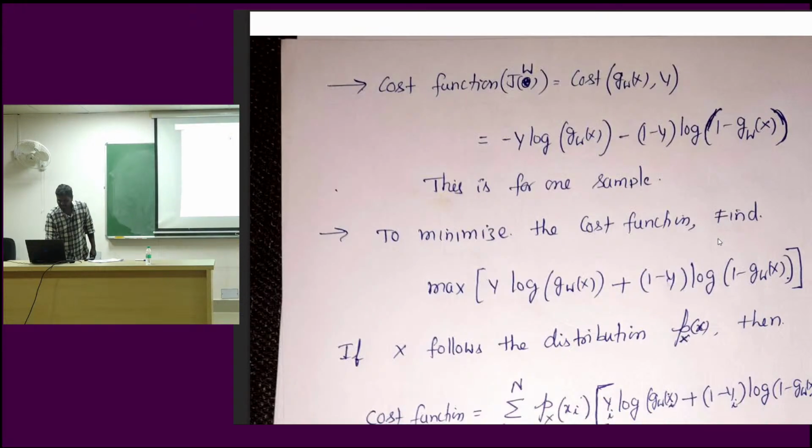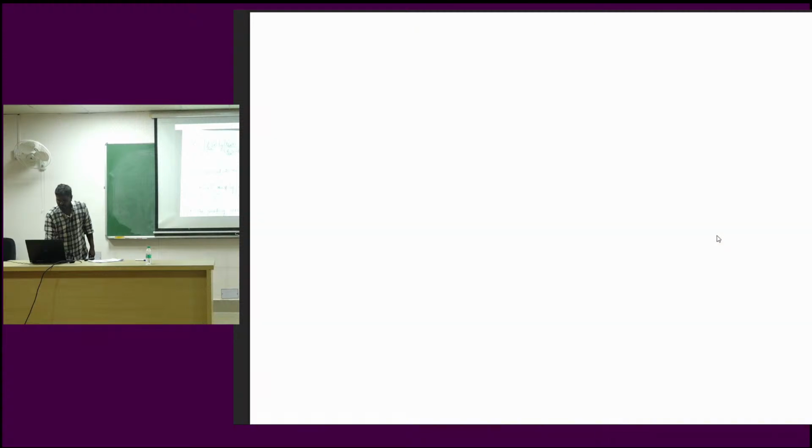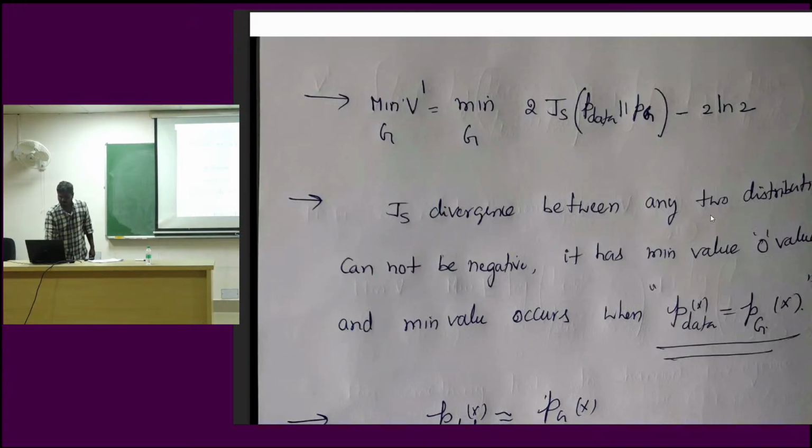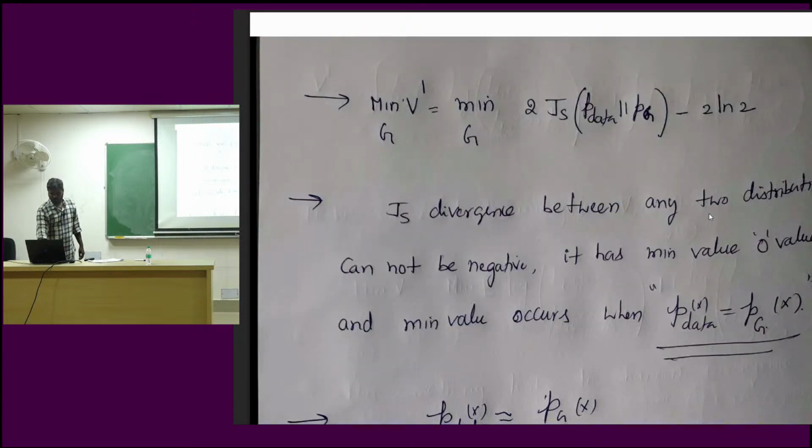See that exactly. We use the Jensen-Shannon divergence to compare the two distributions. Overall, you would see that we need to minimize this. This is a constant.